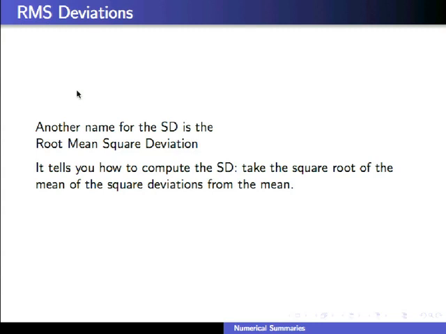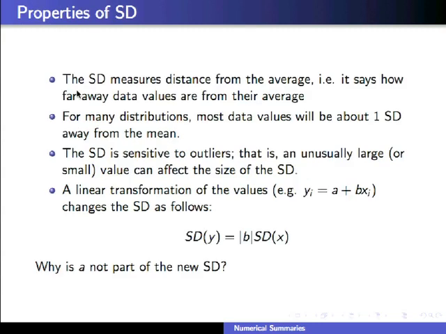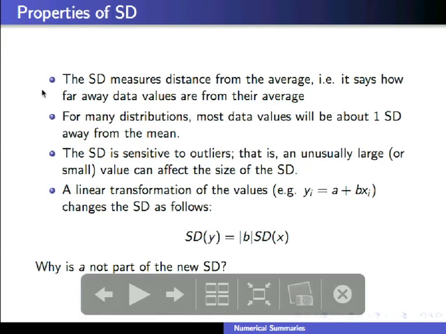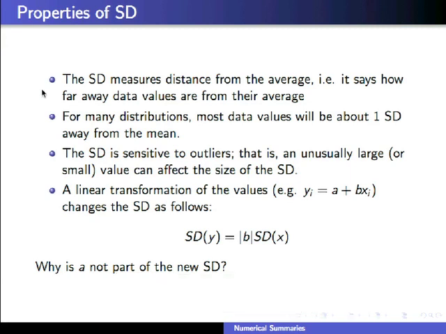Okay, some properties of the SD. We've already mentioned how the SD measures the distance from the average, and it says what's a typical distance of my data values from the average? And for lots of distributions, one SD away from the mean will get you a lot of the data.